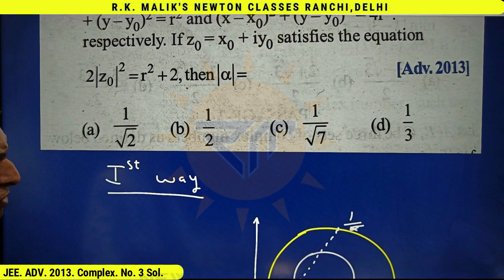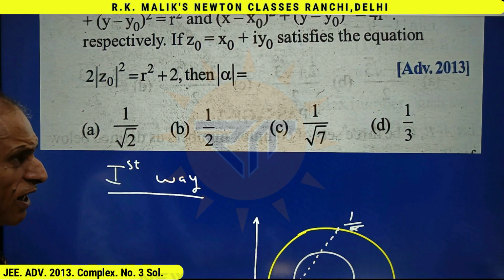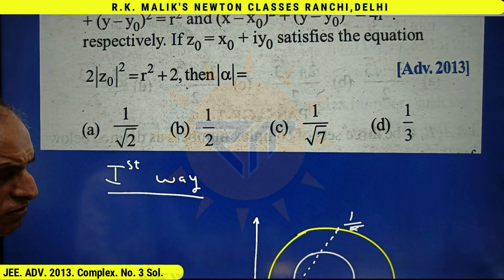Now using this given information, you have to find the value of mod alpha. Note that because it is an objective question, in objective questions only the correct answer is of importance. By which way we have brought the correct answer is absolutely not important. The way which I am going to tell you cannot be taken as proper mathematics, but this way is sure to give the correct answer. For this type of ways, I have given the name magical method, and I use this magical method at many places while dealing with objective questions.